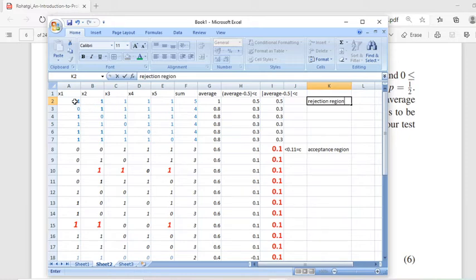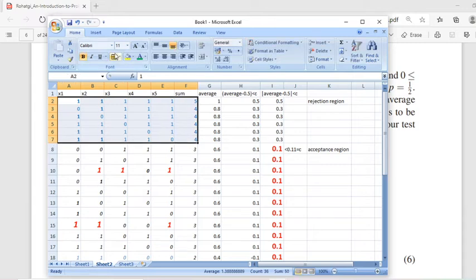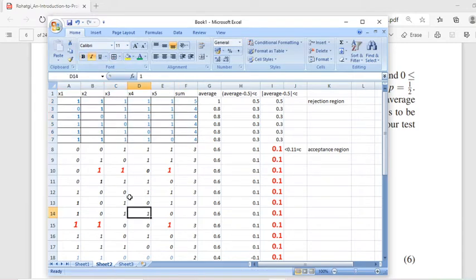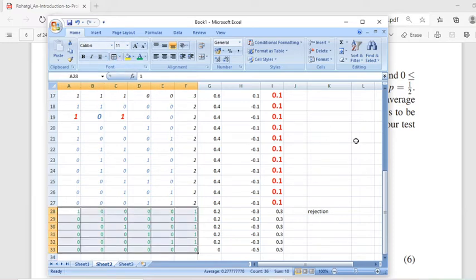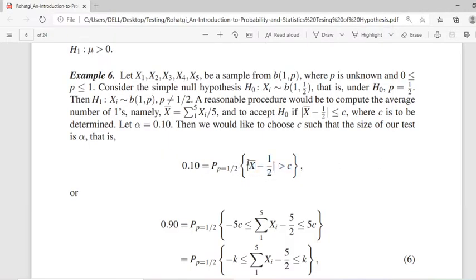I will put it in a box. This is also in the rejection region in our criteria. So what is the formula for that rejection?